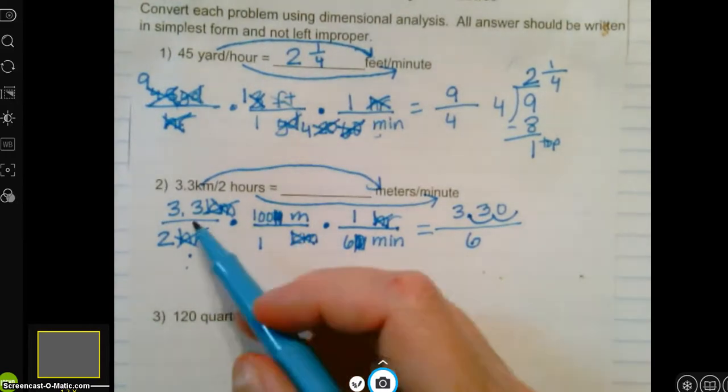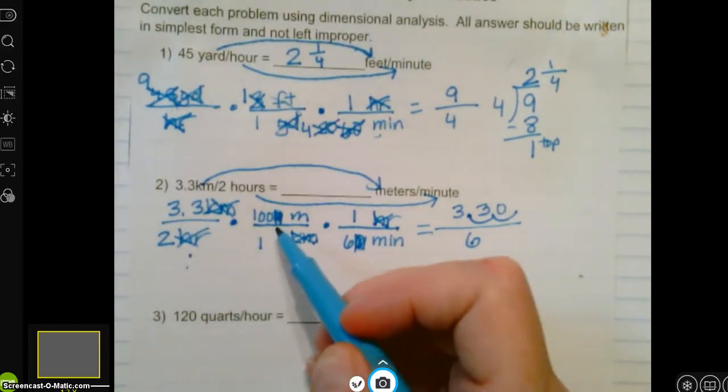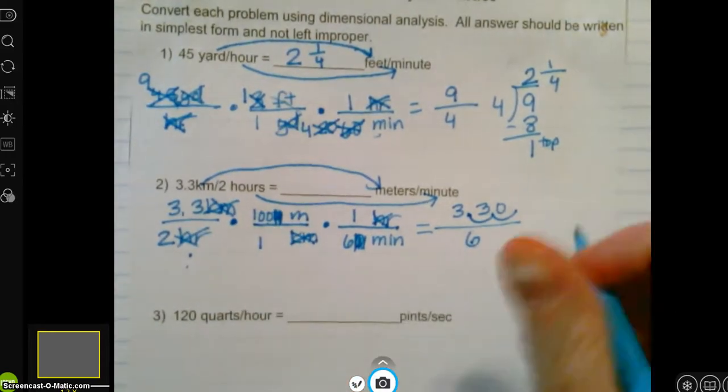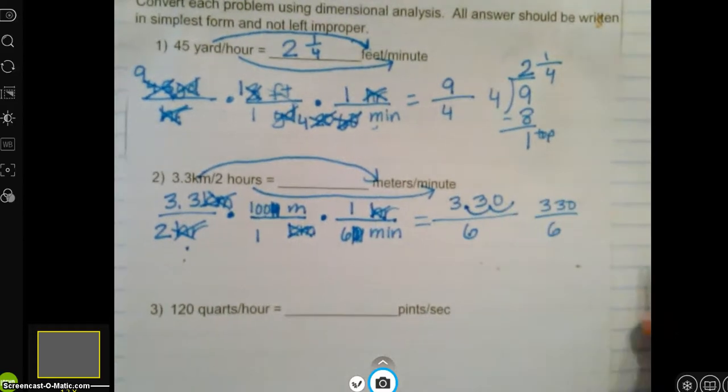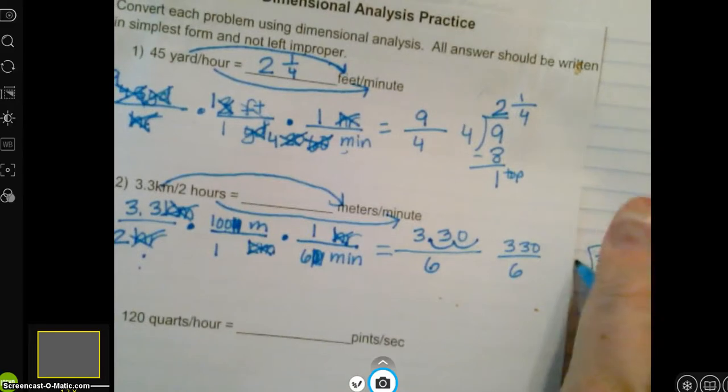Okay? So now if you want to take the time and multiply this out, you absolutely can, but you will end up with 330 over 6. And then we need to divide. If you don't know your sixes, remember, just write them out somewhere. 6, 12, 18, 24, 30, 36.